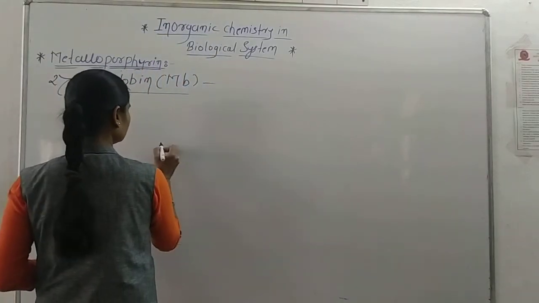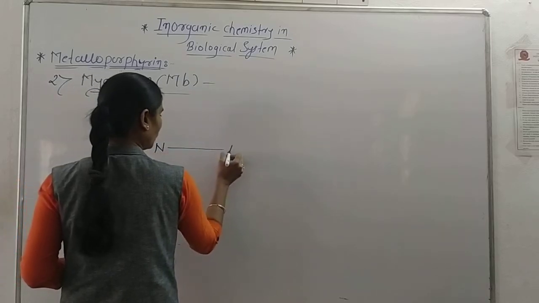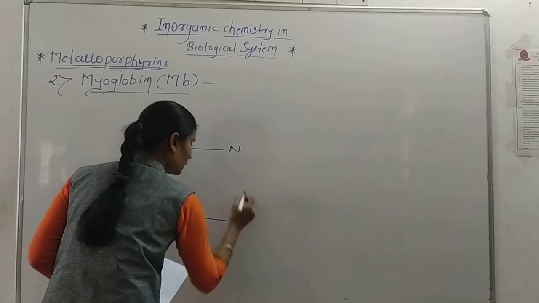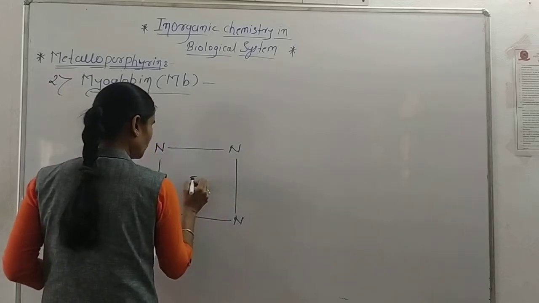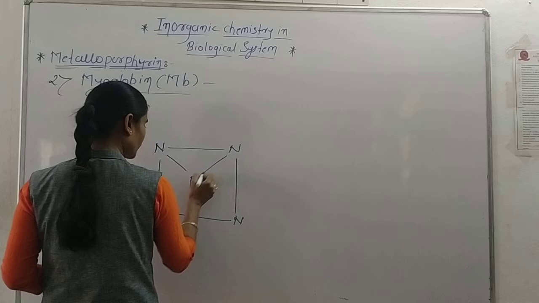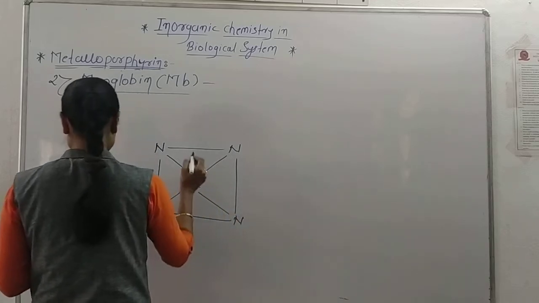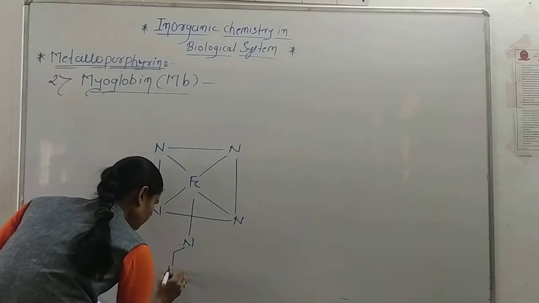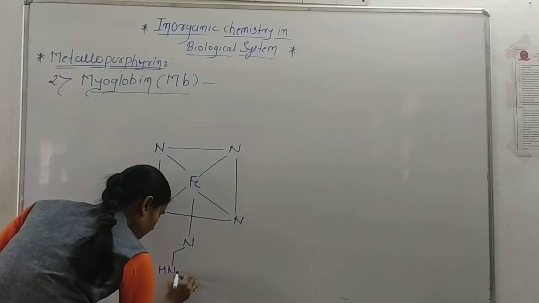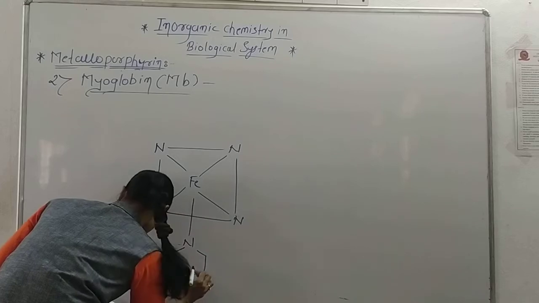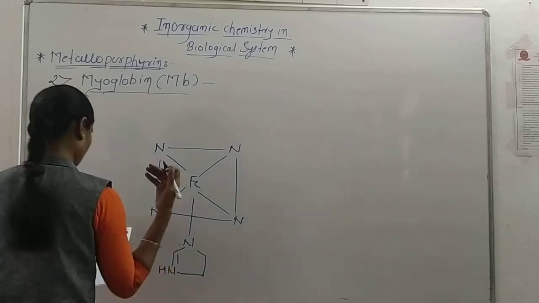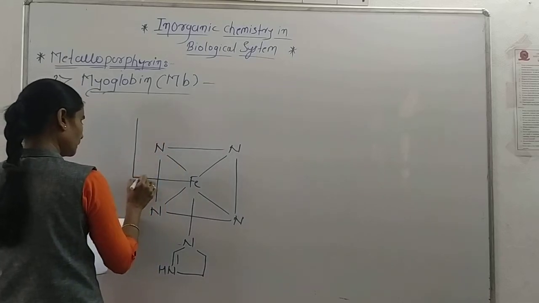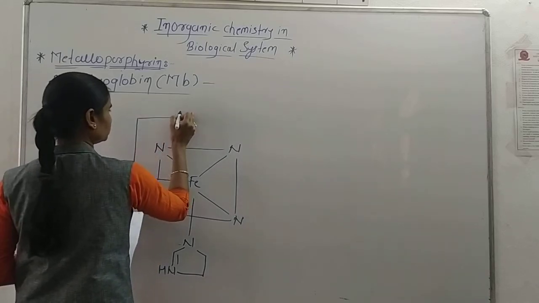Now this is the structure of myoglobin, and it has only one heme group, so only one porphyrin ring is present. This is a histidine amino acid, and the oxidation state of this Fe is +3.